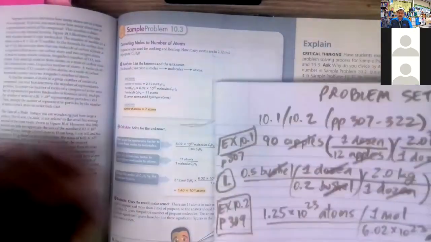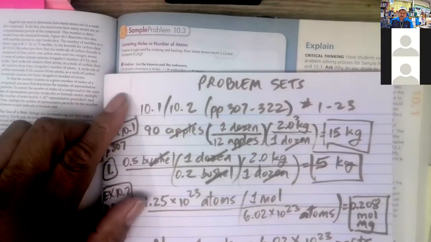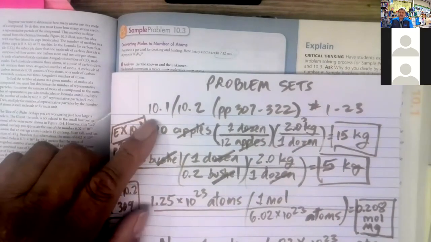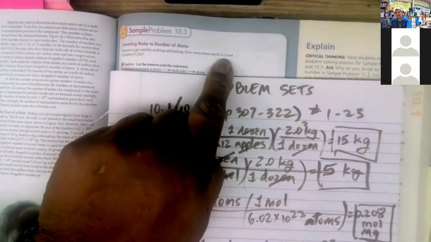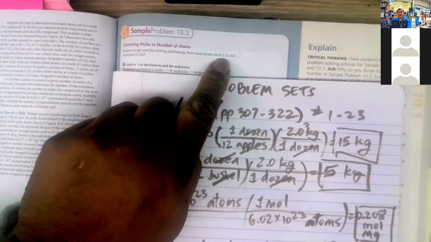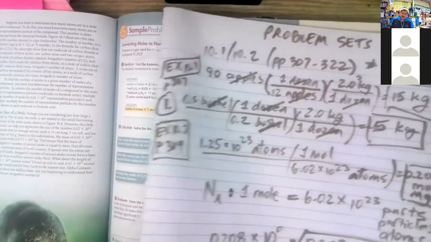Let's go to 10.3. 10.3 says converting moles to number of atoms. Well, to do moles and number of atoms, you start with what they give you. And so this is 2.12 moles. And they want to know how many atoms are in 2.12 moles. So here's what we're going to do.